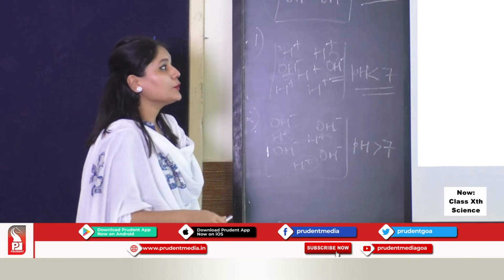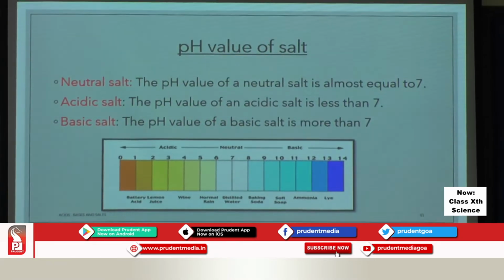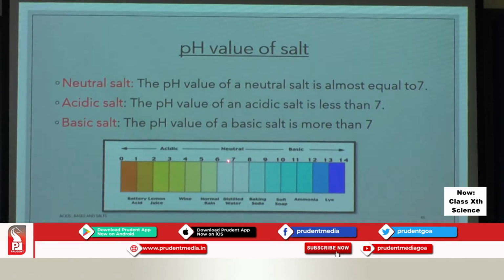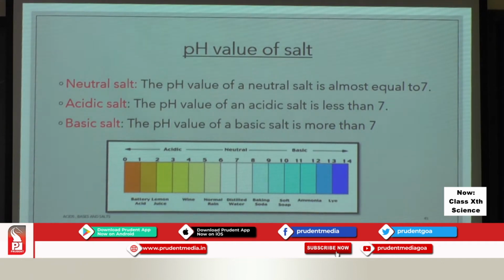How will we come to know the pH value? We learnt in our last class, by looking at the pH paper, that is our universal indicator. So, the neutral salt is going to have pH value 7, acidic will range from 0 to 6 or 6.5 and so on, and basic is going to be more than 7.